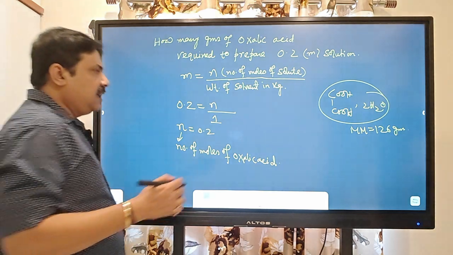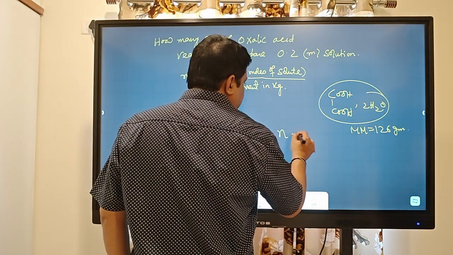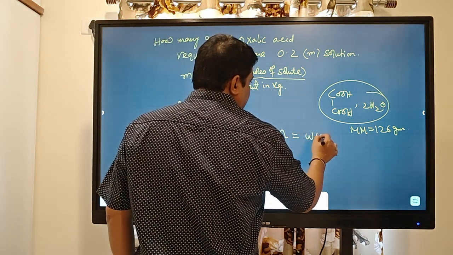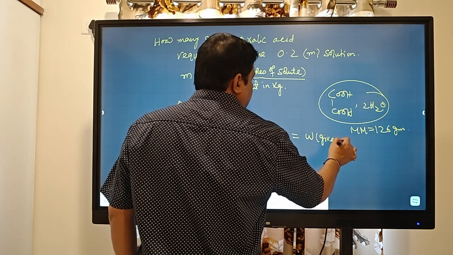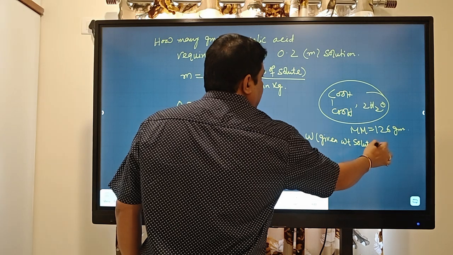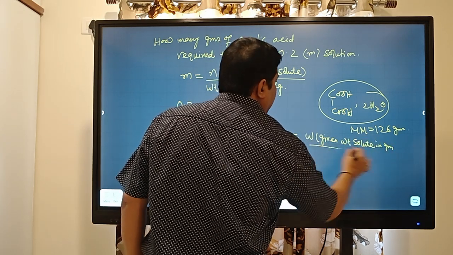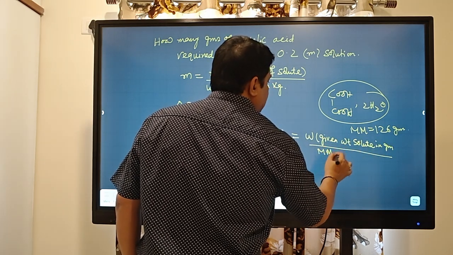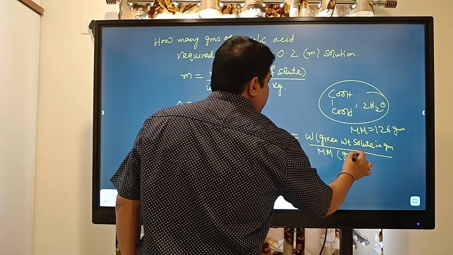So now again we know the number of moles is the given weight of solute in gram divided by the molar mass of solute in gram.